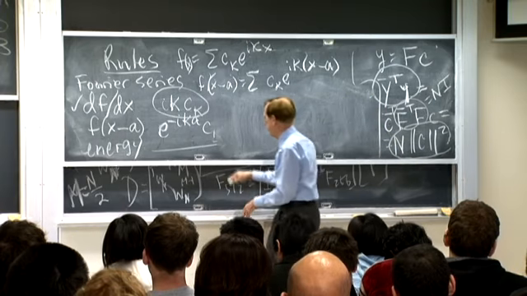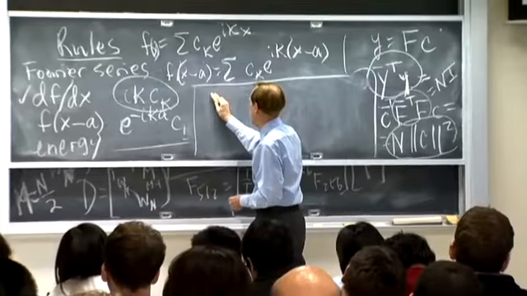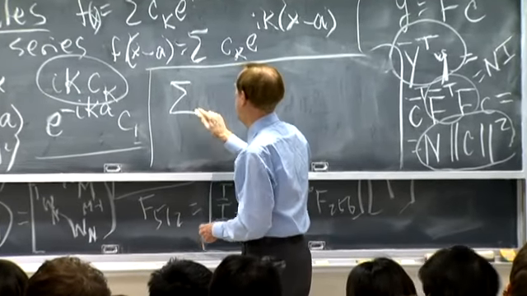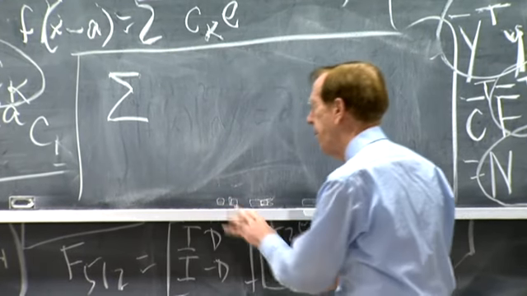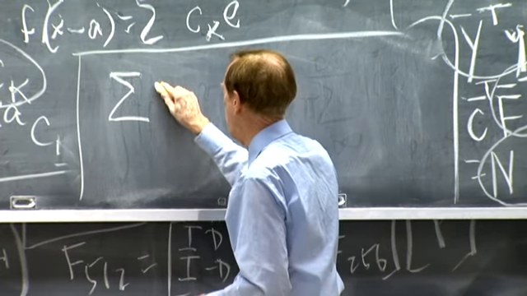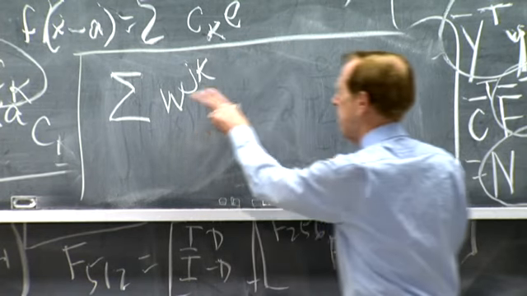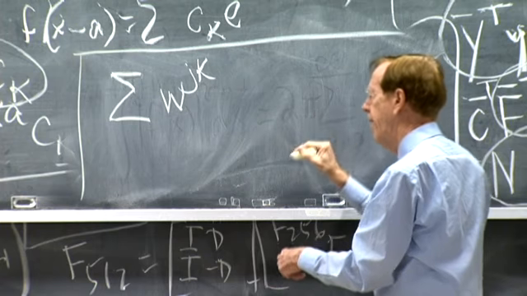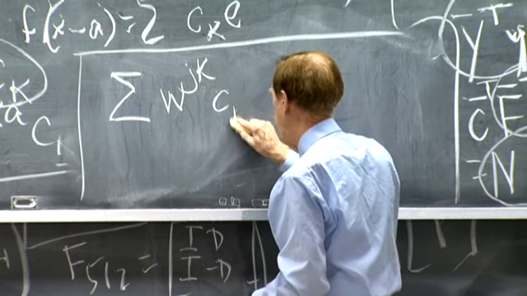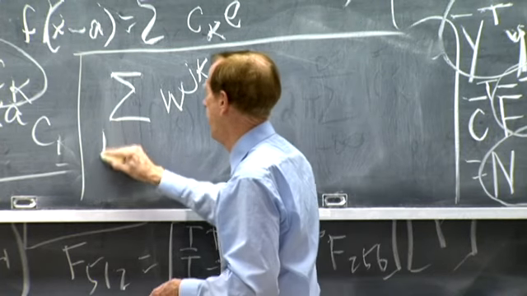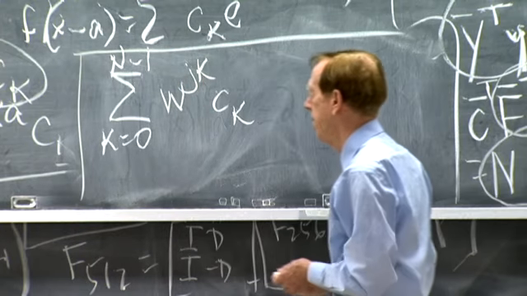Let me start the algebra that made this thing work. We want the sum when we multiply Fourier f times something. We want the sum of w to the jk, that's the entry of f, times ck, summed from k equals 0 to n minus 1, to 1023.